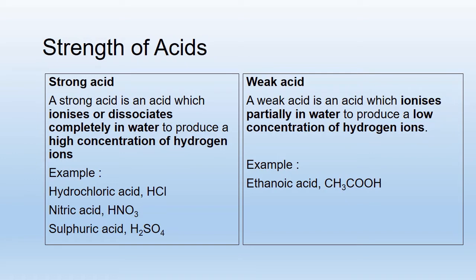Weak acid. A weak acid is an acid which ionizes partially in water to produce a low concentration of hydrogen ions. Example, ethanoic acid CH3COOH.